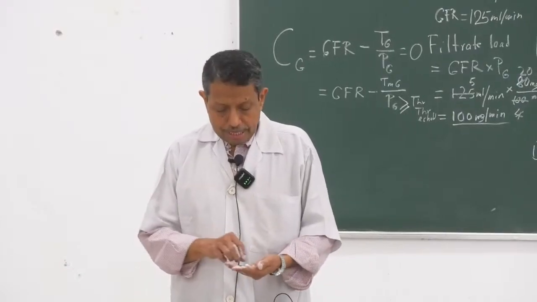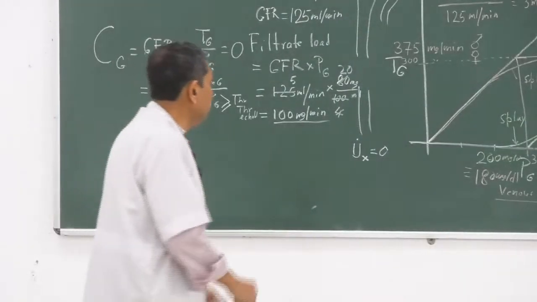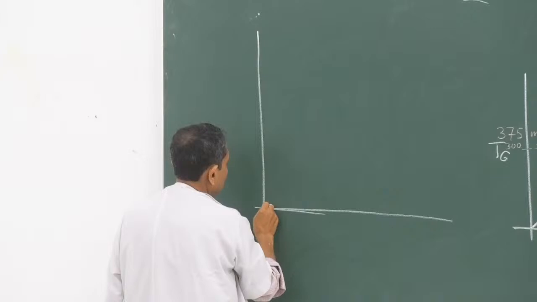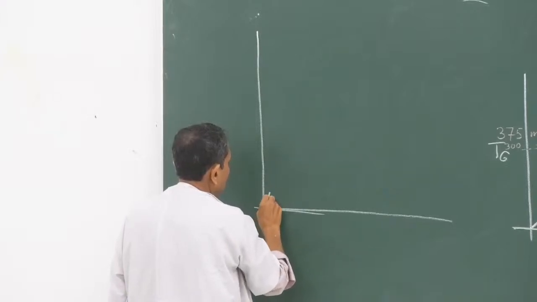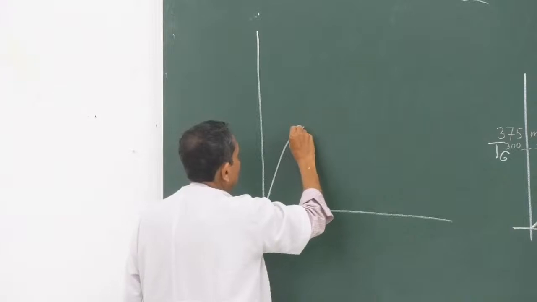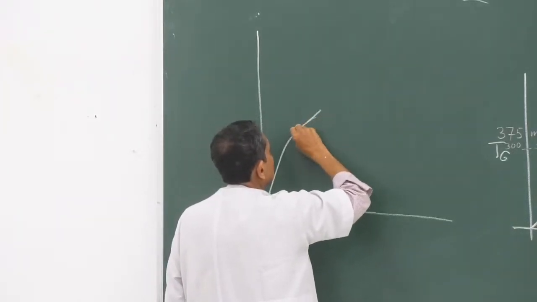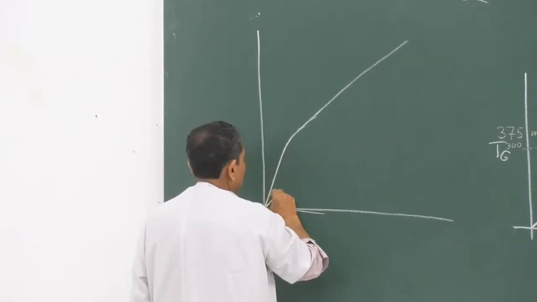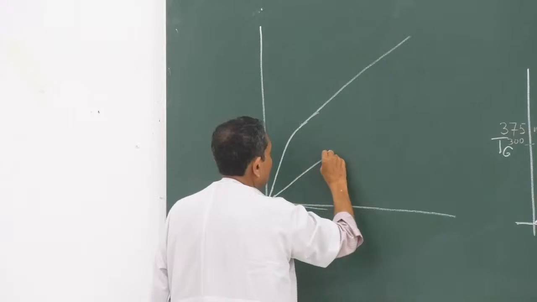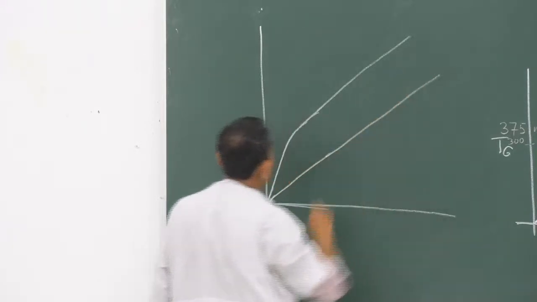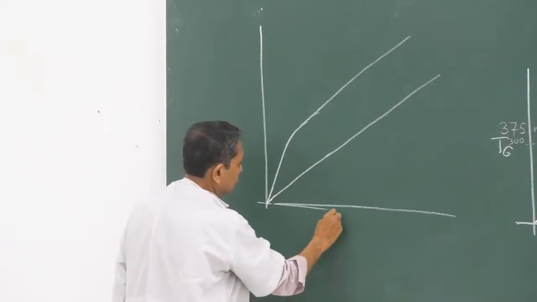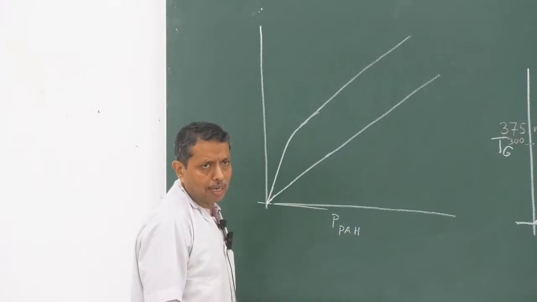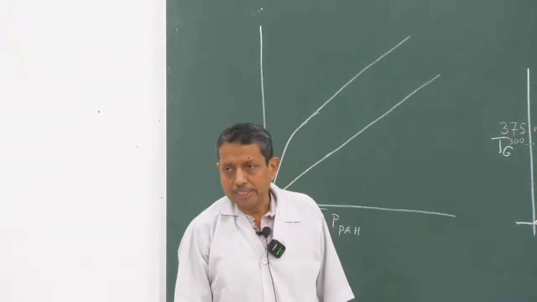In case of PAH, if you consider the PAH curve, plasma PAH is equal in arterial or venous plasma because para-aminohippuric acid is not used by the cells.